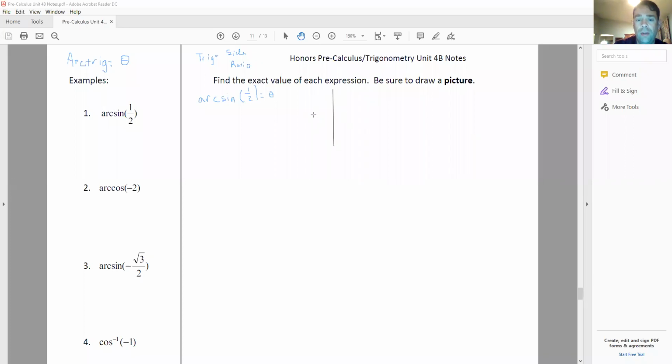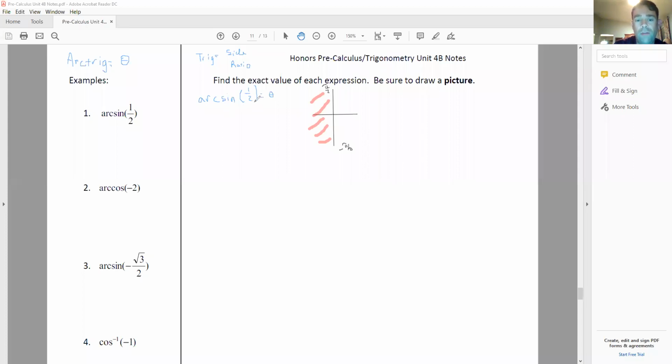We said the domain is going to go from negative pi over 2 to pi over 2. Which means we won't ever deal with quadrants 2 and 3. So just go ahead and cross those off. We're not dealing with those.